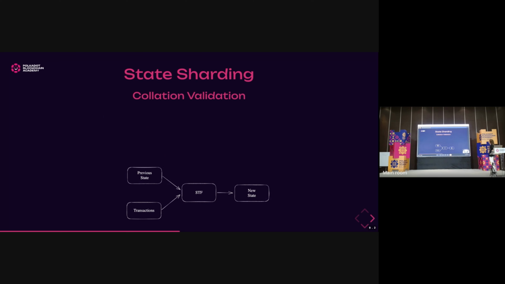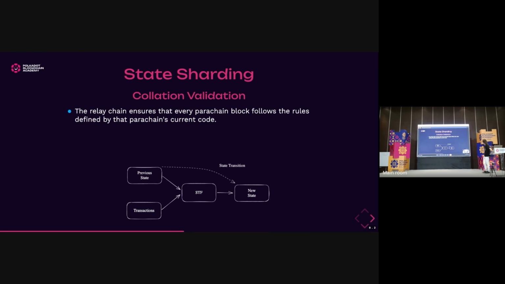I already went through some of those diagrams before, but when it comes to revalidating the work packages, the collations, there could be many different schemes of how it can be done. We could be using some ZK magic, where essentially they don't send the full package of data. They don't send all the transactions to the relay chain. They just send some ZK stuff. This is not how it works in Polkadot.